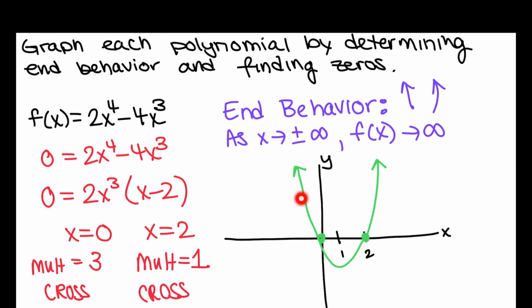Finally, I know at x equals 0 the graph crosses, and then it crosses again at 2. This isn't a perfect graph. I don't really know what happens in the middle of the graph, but I have enough information to draw the end behavior and the behavior at those zeros.